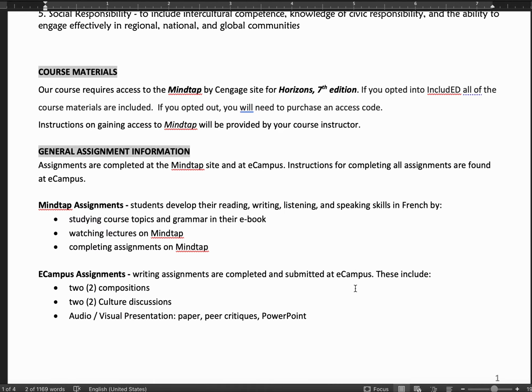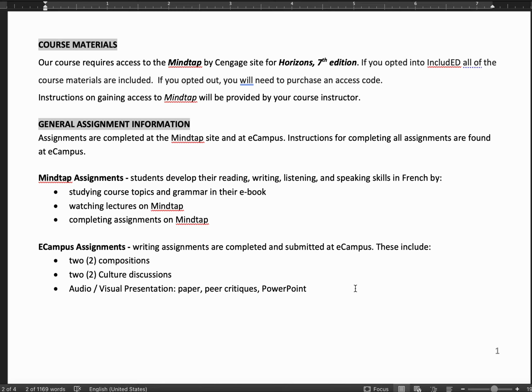So, course materials. You do not need to buy a physical copy of the textbook. You require access to MindTap, and MindTap is a website with your textbook and with your workbook. So everything that you need will be on MindTap. If you opted into Include Ed, all of your materials are included. In the past 3 years, I think I've had one person out of all of my students who opted out of Include Ed.